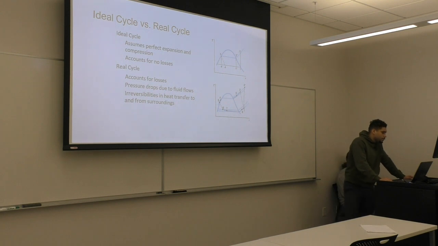The ideal cycle assumes perfect expansion and compression, and it doesn't account for any losses whatsoever. But the real cycle does account for losses. It accounts for the pressure drops in the fluid flows, and it accounts for the irreversibilities and heat transfer to and from the surroundings.